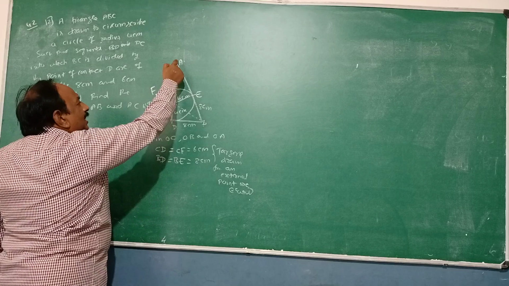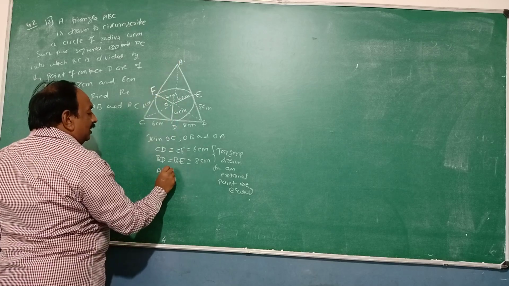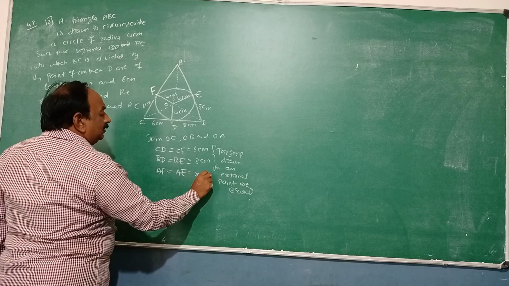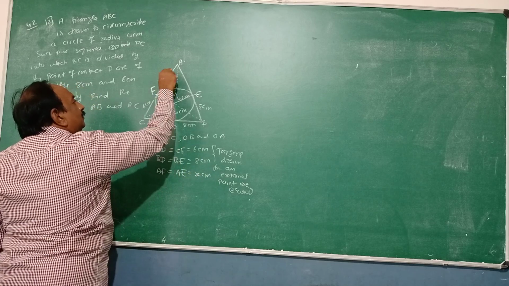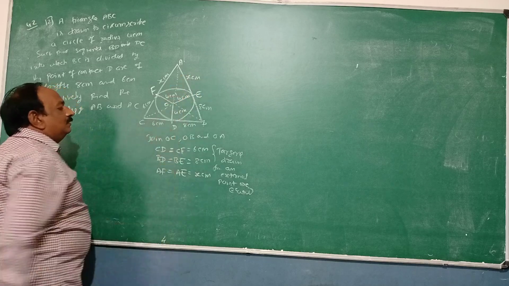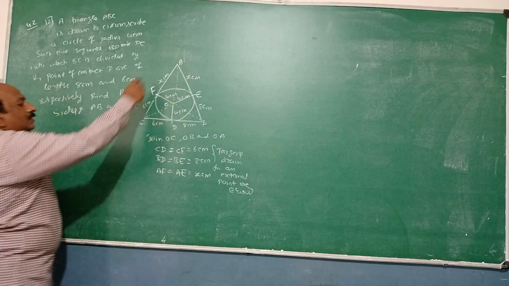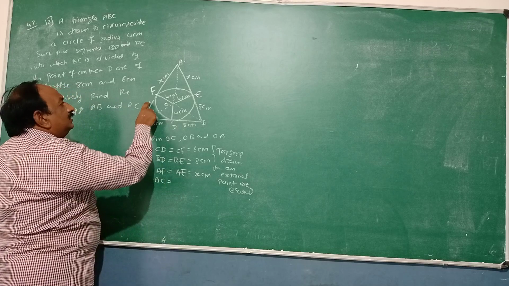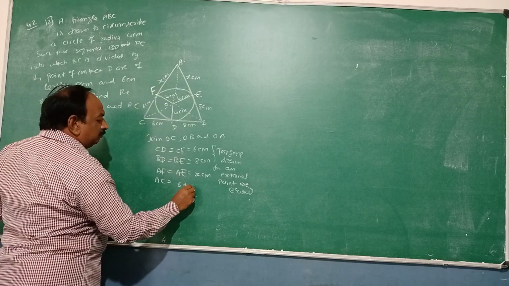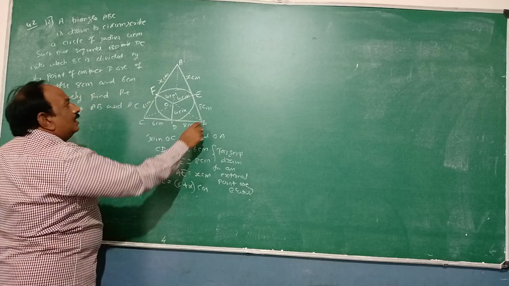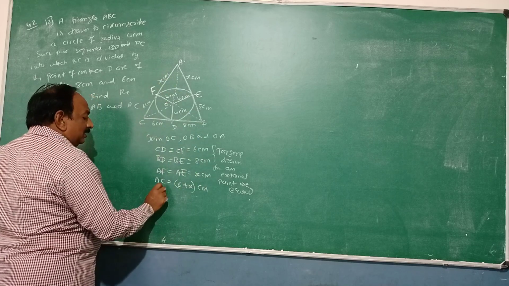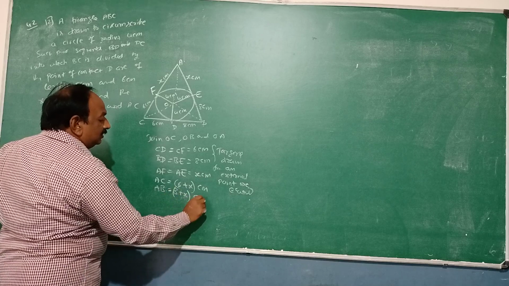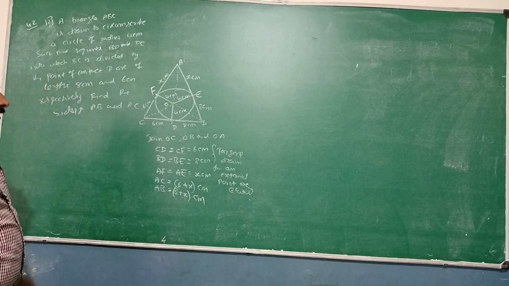Now assume A is an external point. AF is equal to AE is equal to x centimeter. This is x centimeter, this is also x centimeter. Then AC can be written as 6 plus x centimeter, and AB is equal to 8 plus x centimeter.